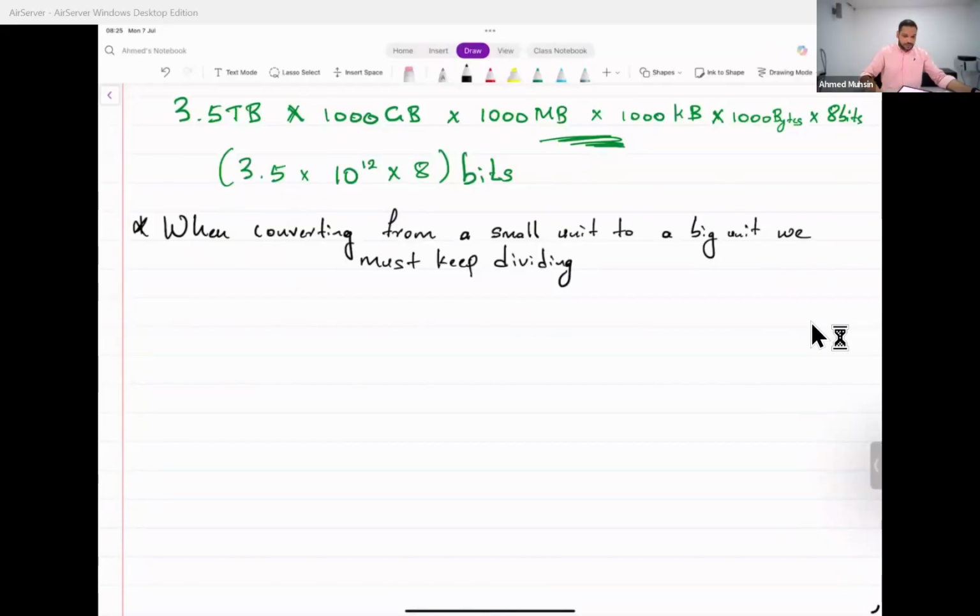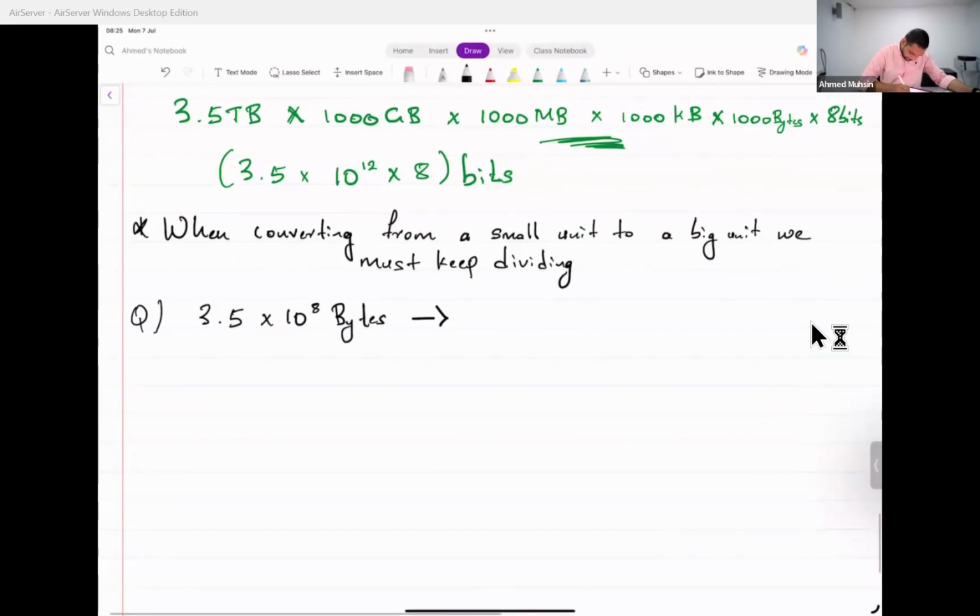So let me give you guys a question now. Say, for example, 3.5 times 10 to the power of 8 bytes. I want this in gigabytes.